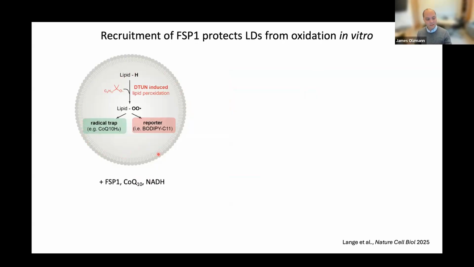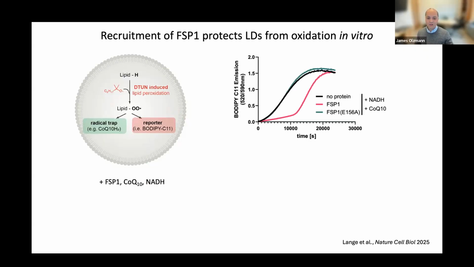We can then use this Phoenix assay developed by Derek Pratt's group, in which we add a radical initiator, DTUN, to trigger lipid peroxidation, and then we can study lipid peroxidation using that fluorescence reporter, BODIPY C11. This is a useful reconstituted system because then we can add purified FSP1 and different substrates to look at their functions.